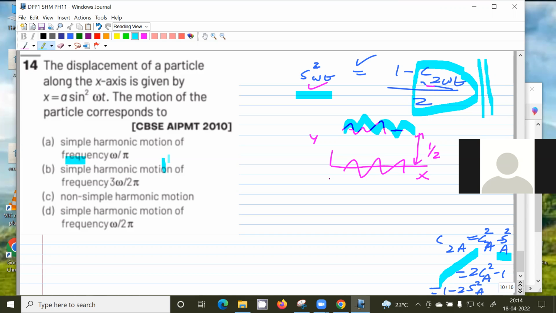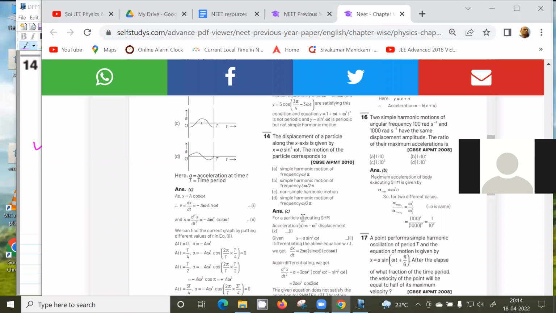So omega equal to 2 pi f, right? Omega is 2 pi f. So here the omega is 2 omega. So from this I'll get the frequency as omega by pi. Putting this C. No, it is simple.